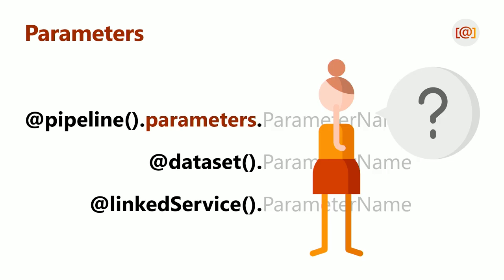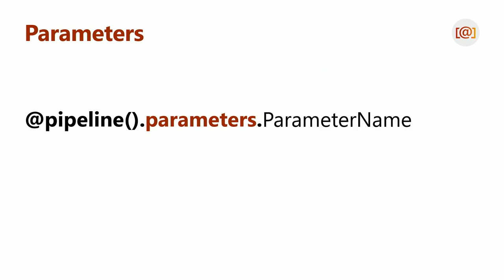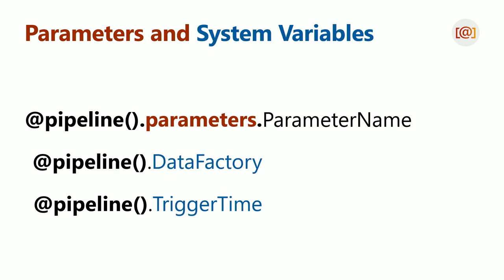So this was something that I scratched my head on the first time I saw it. Why do I have to say pipeline.parameters, but I can say just dataset? At first, I thought this might be some weird implementation. But the reason is that for pipelines, you have parameters, but you also have something called system variables. And you can call these, and that's why you have to define that you're looking at the parameters before the parameter name.